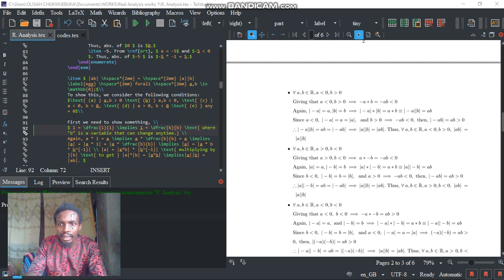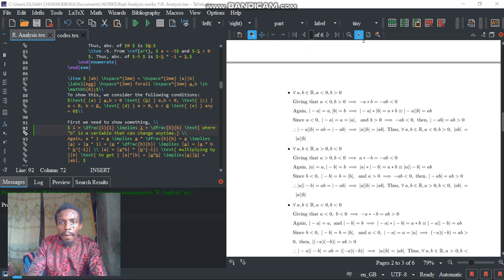Then absolute value of negative AB is equal to AB, and is also greater than 0. Therefore, absolute value of negative A, absolute value of B is equal to AB, which also equals absolute value of negative AB.